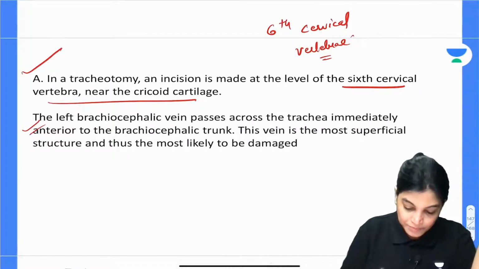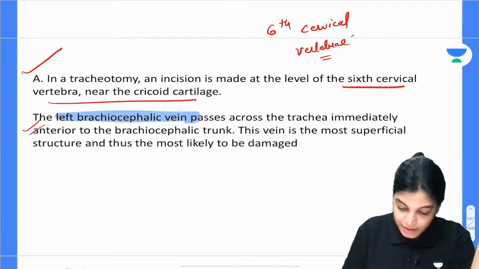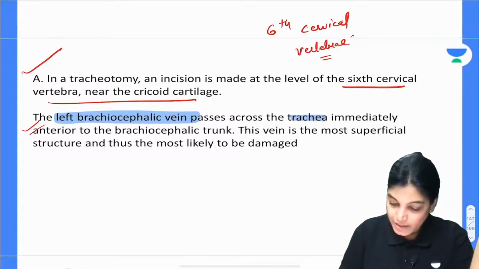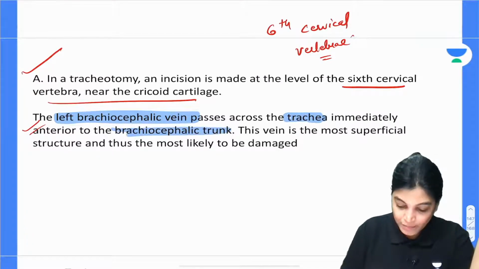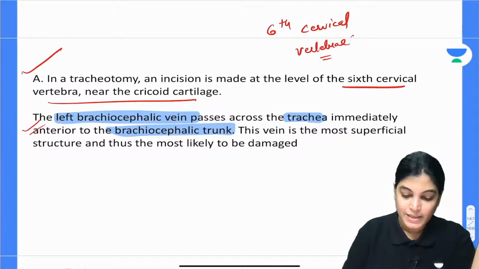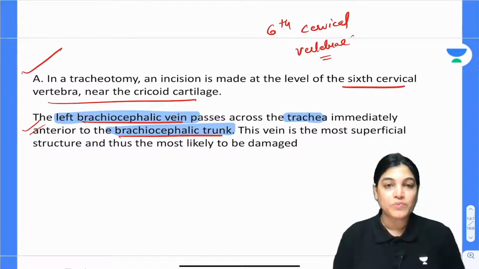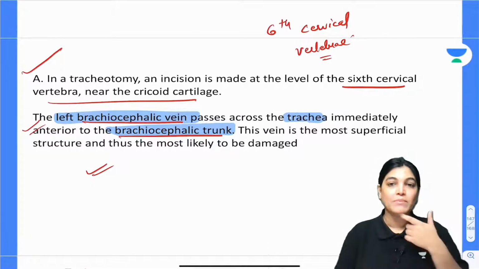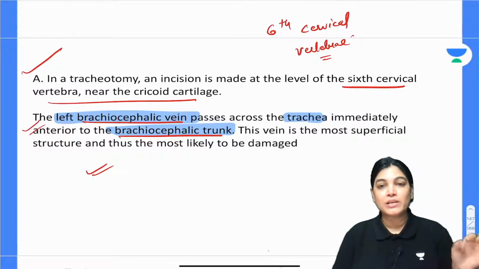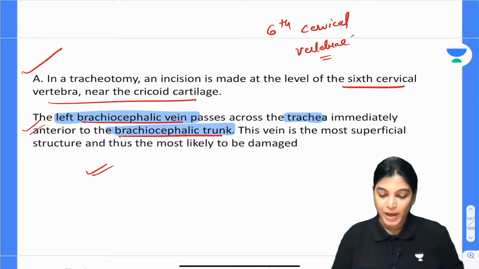The vein is more superficial, so most likely it will be damaged. So the most common structure to be damaged in emergency tracheostomy is the left brachiocephalic vein.